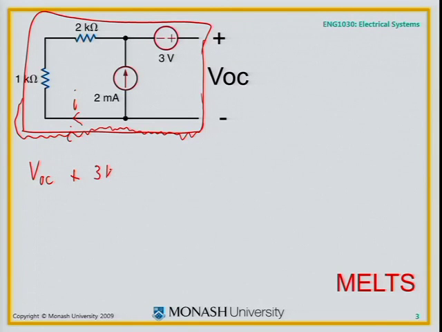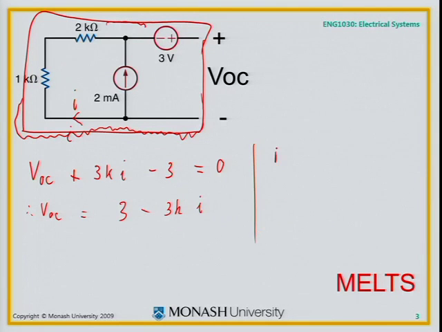So I have 3K times I, and now I'm up here, moving here. I hit the 3 volt source, hitting the negative first, so I write minus 3 volts equals 0. So VOC would be equal to 3 minus 3K times I.